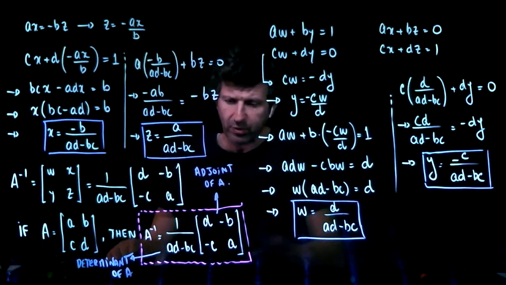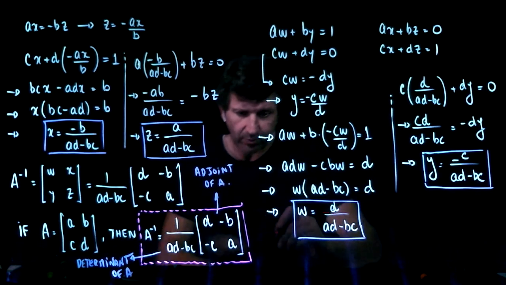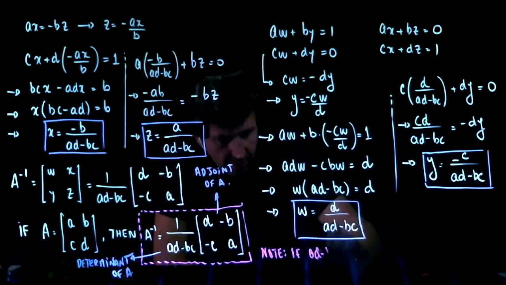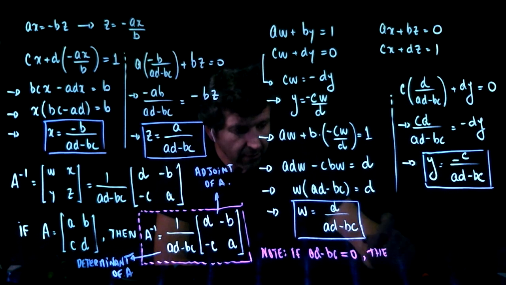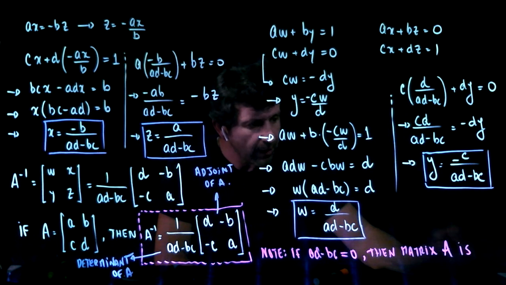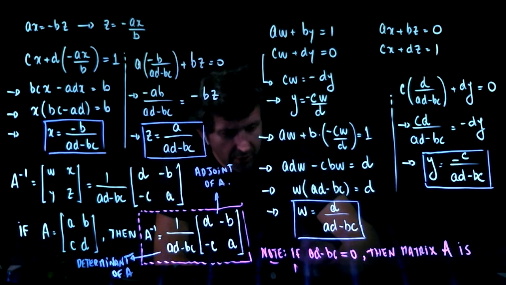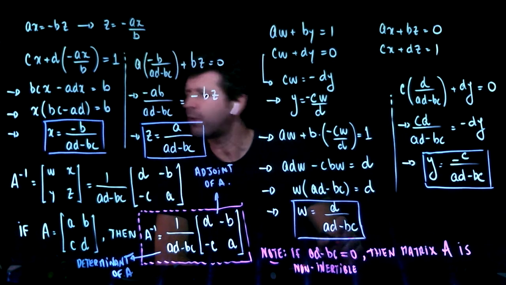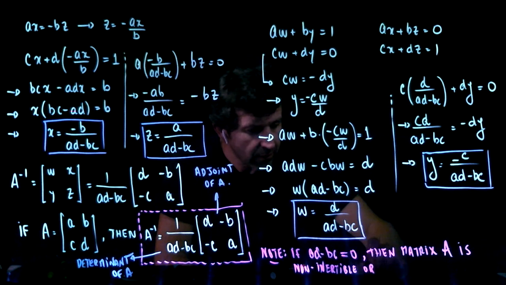Okay, so what's important here to note, and this is important in this chapter, is: important note, if AD minus BC is equal to 0, then matrix A is, so we call this, non-invertible, or we also call it singular.